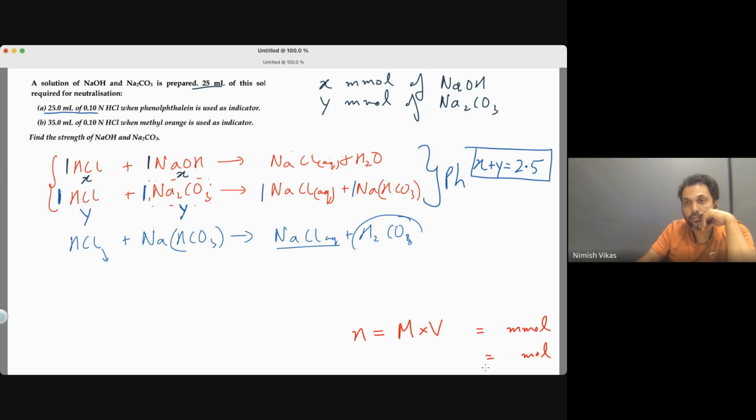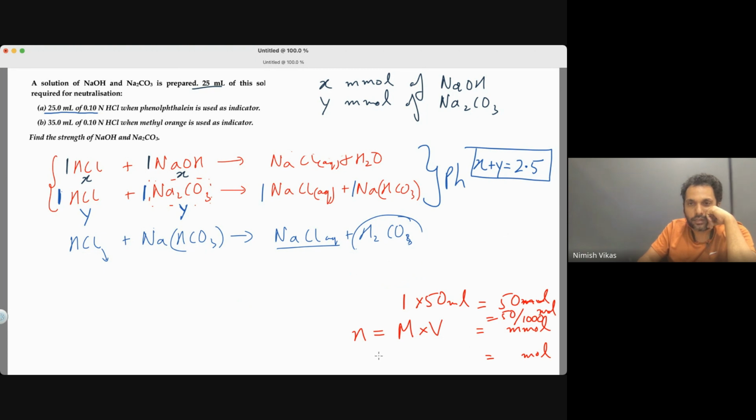Is that clear? Yes, sir. For example, molarity was, suppose, 1 and volume was say 50 ml. How many millimoles? 50 millimoles. Is that clear? 50 millimoles means 50 by 1000 moles.